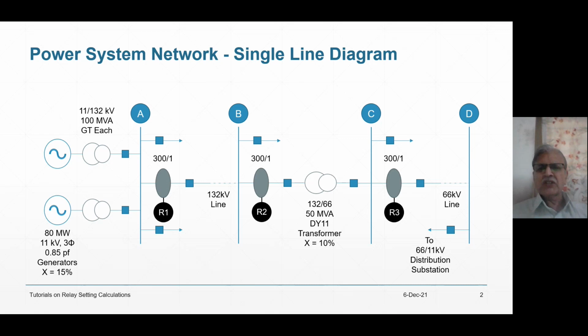We want to consider this in a very small system. But here we do not want to touch the phase relays. We just want to touch the ground relays, R1, R2 and R3. Phase relays we have done. So we are touching the ground relays because the setting of ground relays is little tricky. So without transformer we have done, we are doing with transformer now.